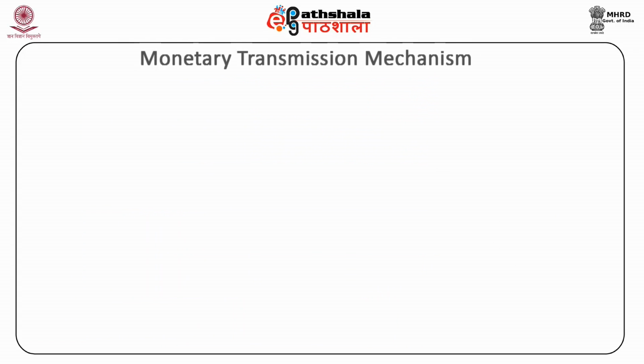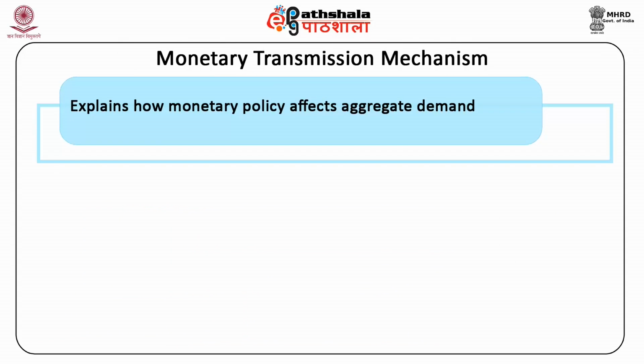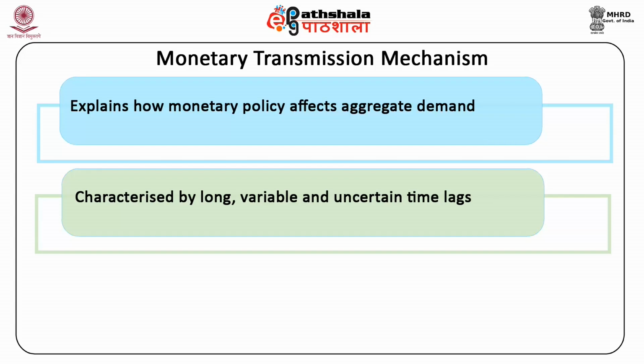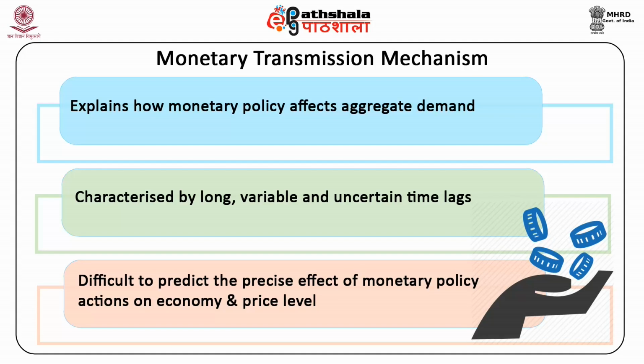The monetary policy transmission mechanism explains in steps how monetary policy affects aggregate demand. The transmission mechanism is characterized by long, variable, and uncertain time lags. Thus, it is difficult to predict the precise effect of monetary policy actions on the economy and price level.